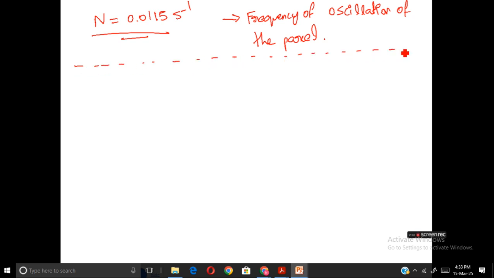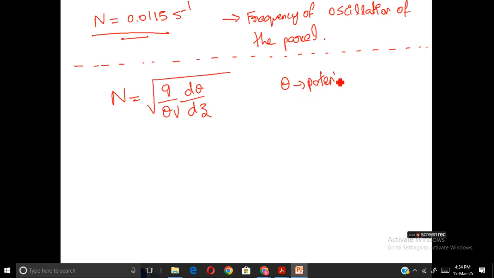So the same thing, if we are expressing in terms of potential temperature, it will be n is equal to root of g by theta v into d theta by dz, where theta is the potential temperature. So instead of virtual temperature, if we derive the same thing in terms of potential temperature, we will get the final equation for Brunt-Väisälä frequency n to be root of g by theta v into d theta by dz, where theta is the potential temperature.